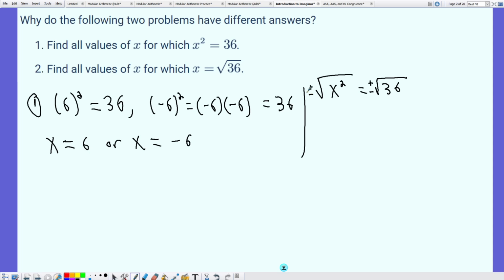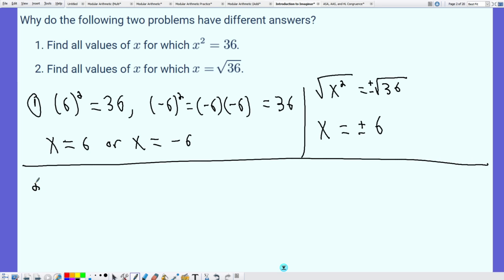We don't know what it's going to be, potentially. It could be either of the two. That's why we put the positive or negative when we algebraically do the square root on both sides. Thus, when it cancels the x out, this becomes positive or negative 6. Same exact answer we got.